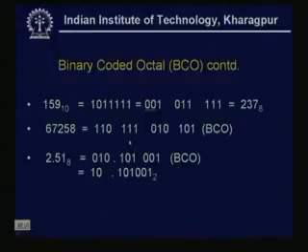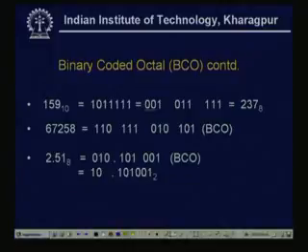Now, let us take some other examples. This is 159 in the decimal number system. First this is converted into binary, that is 1 0 1 1 1 1 1. Now, I am doing the reverse thing, binary to BCO.